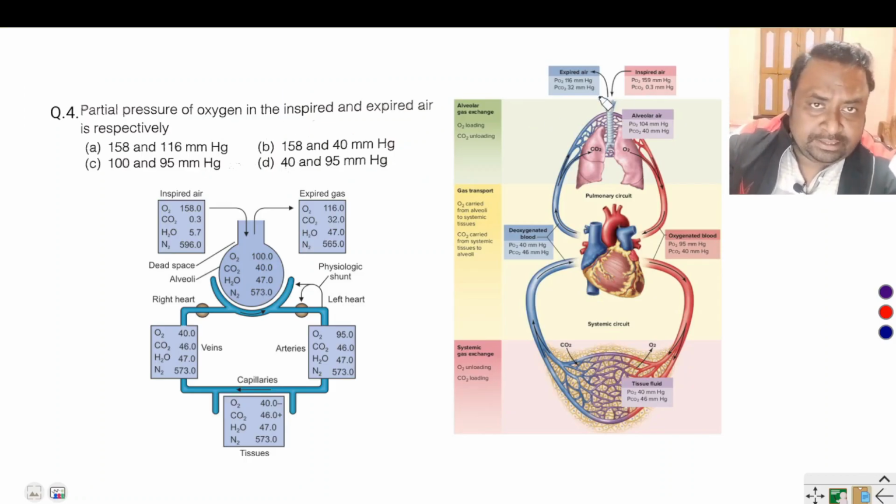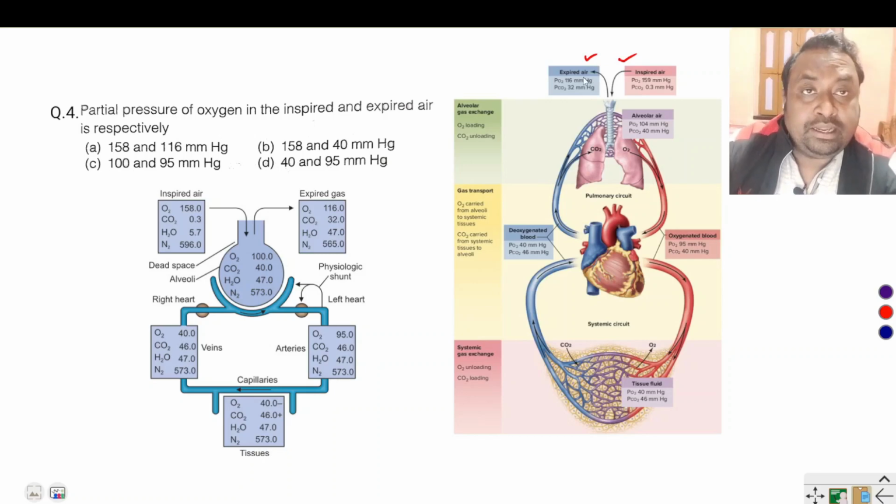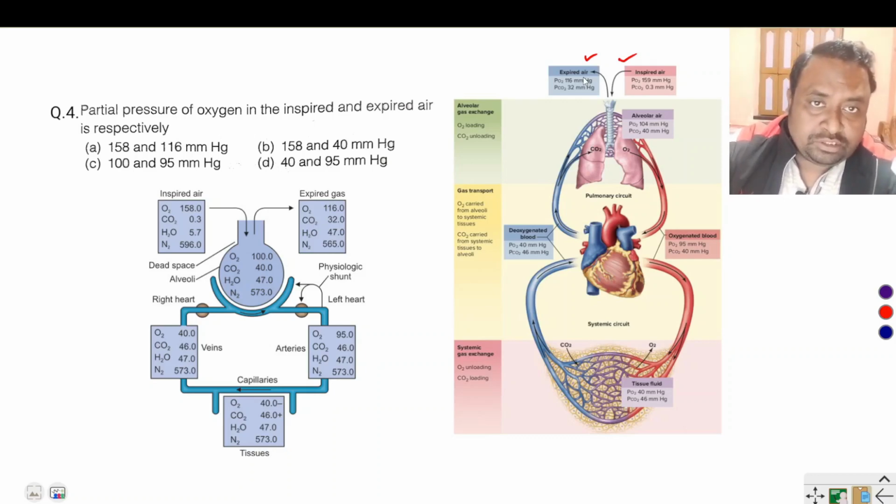Here we can see this is the inspired air, and this is the expired air. When the air enters our lungs, the outer pressure is high and the lungs pressure is low. So by the simple diffusion process, the outer air enters our lungs from higher concentration to lower concentration.